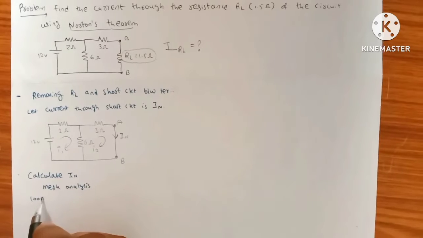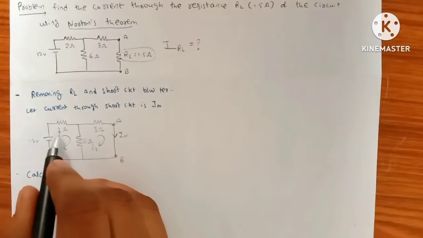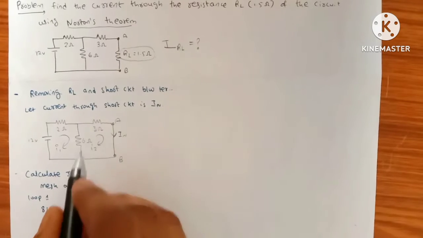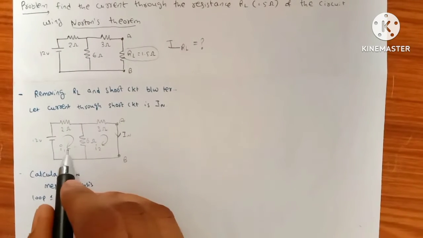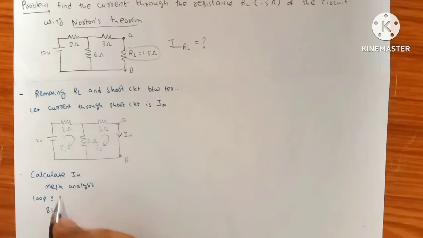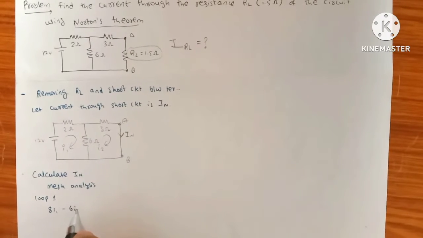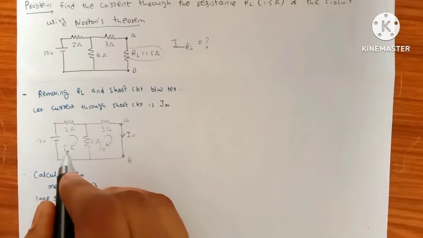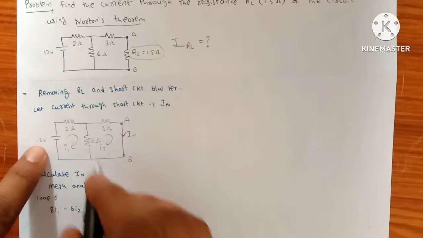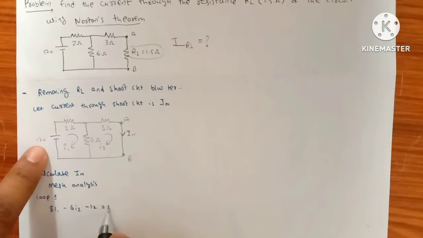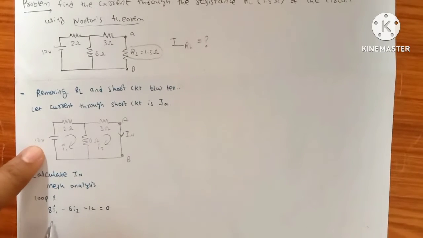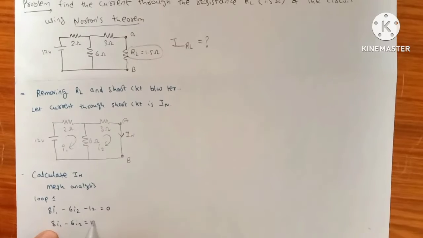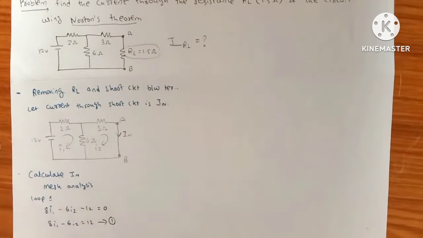From loop 1, we get 2 plus 6, which is 8I1. Again I2 affects I1 through the 6 ohm resistor, so minus 6I2. I1 touches the negative terminal of the 12 volt source, so minus 12, equals 0. Rewriting, 8I1 minus 6I2 equals 12. Consider this as equation 1.